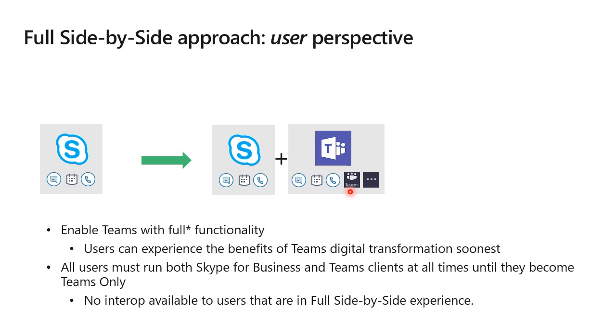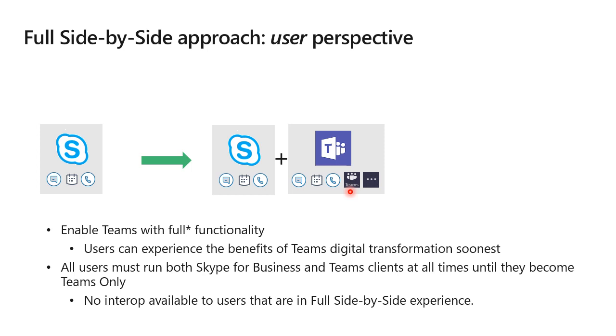So the intent here is to allow the users to experience some of the benefits of the Teams digital transformation as quickly as possible, while still being able to leverage their Skype for Business application. Now, a key piece with this full side-by-side approach is that all users must run both the Skype for Business client and the Teams client at all times until we've completed the migration or completed the upgrade.